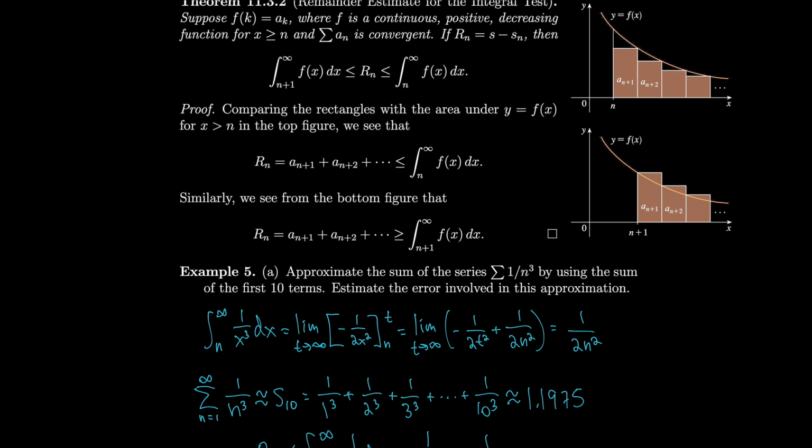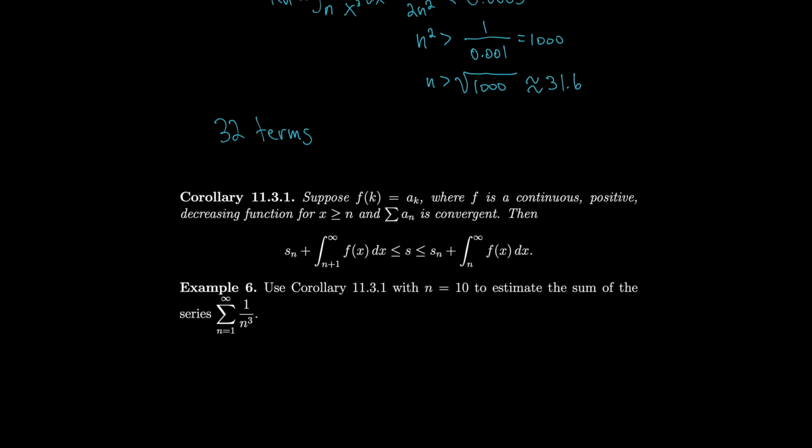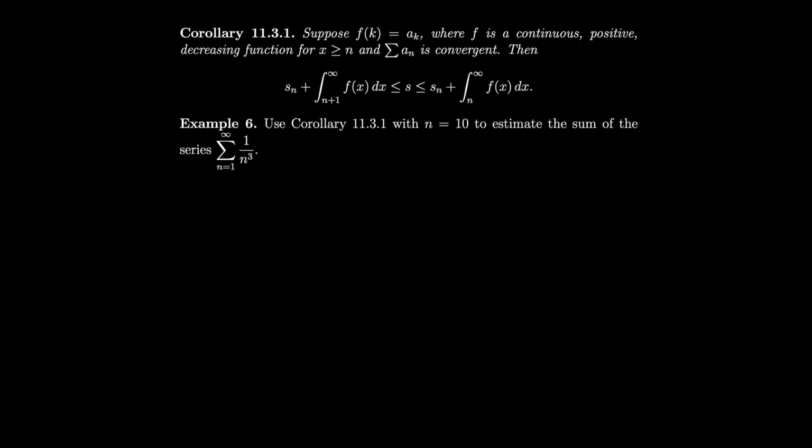So if I just take s and add it to all three sides, then I end up with s by itself over here. I end up with an Sn on the left and an Sn on the right. So that gives us this corollary right off the bat. Now we have an integral estimate for our sum of our series. So instead of just estimating a series by cutting off after a certain number of terms and adding up a partial sum, we can estimate a series using a partial sum added to an integral.